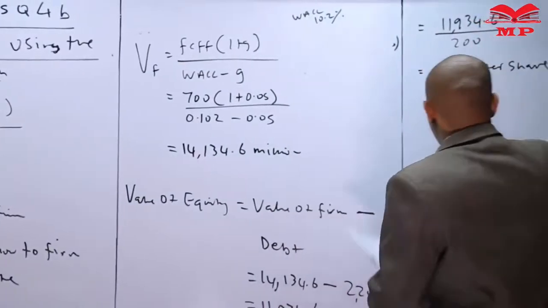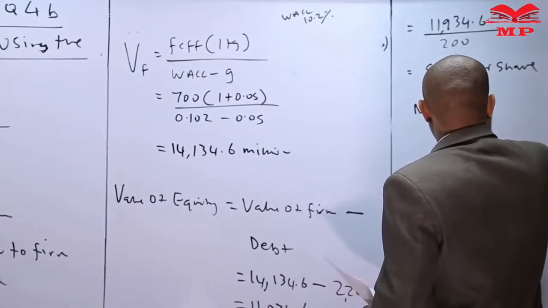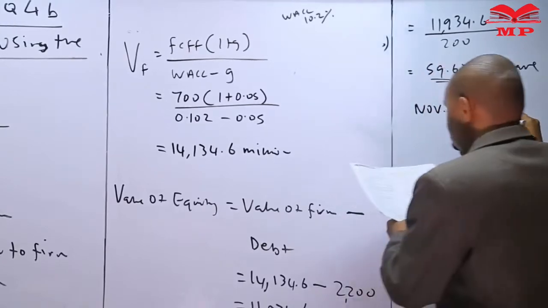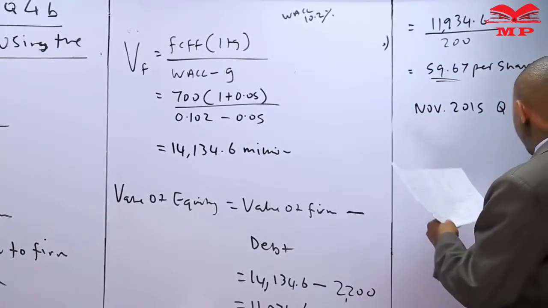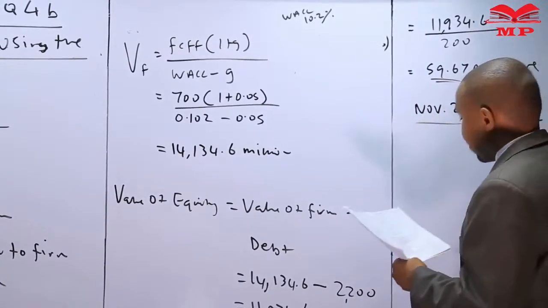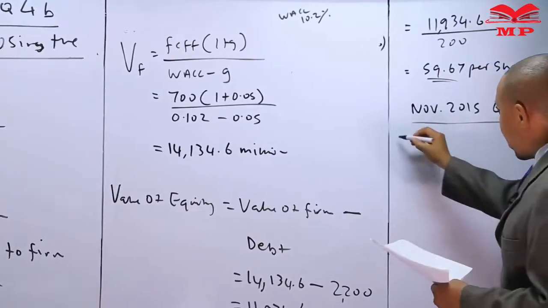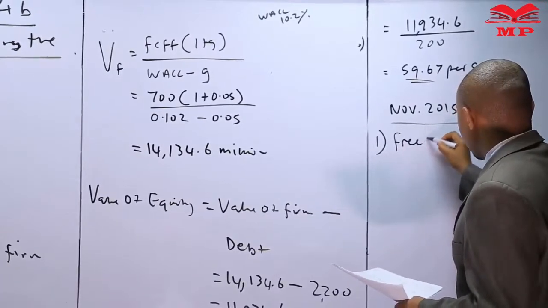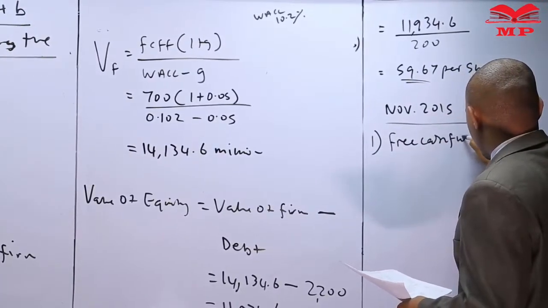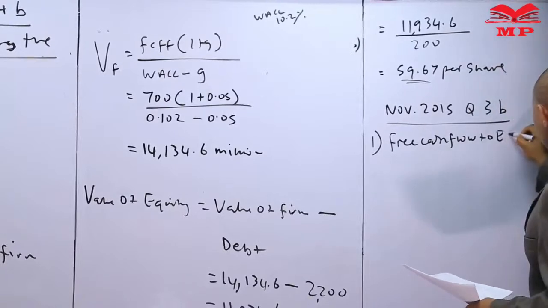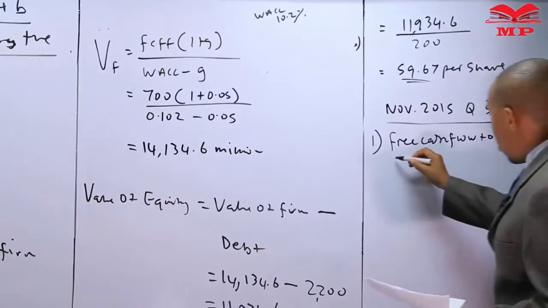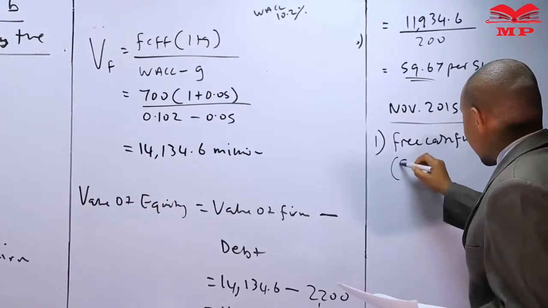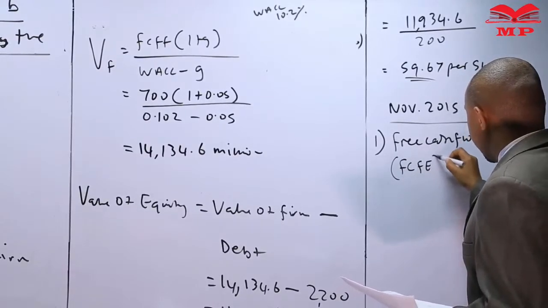So we're looking at November 2015, question 3B. Part 1 is asking for the free cash flow to equity, or we are saying in brackets FCFE, just trying to shorten it a bit.